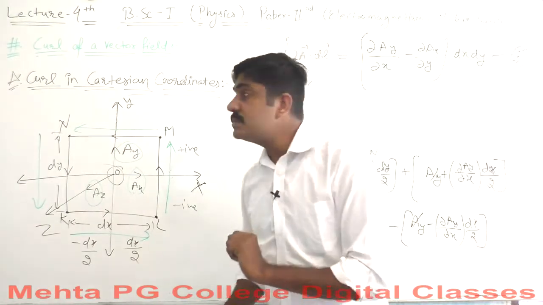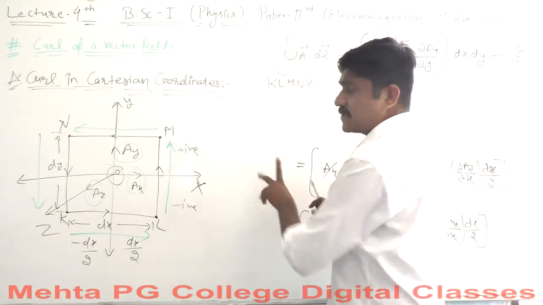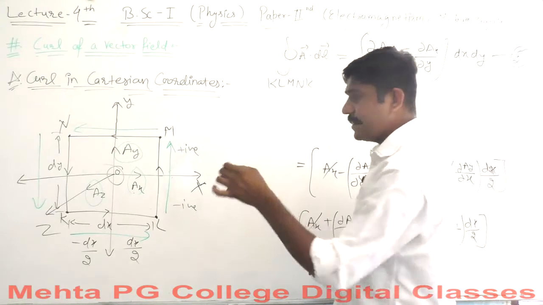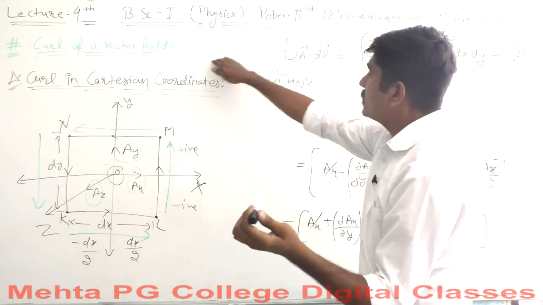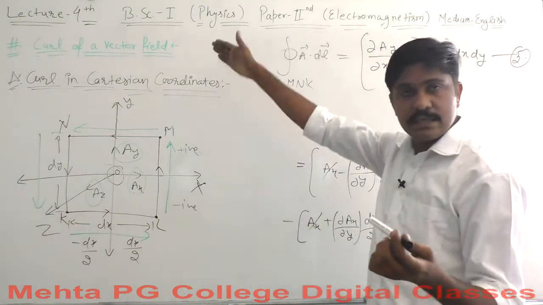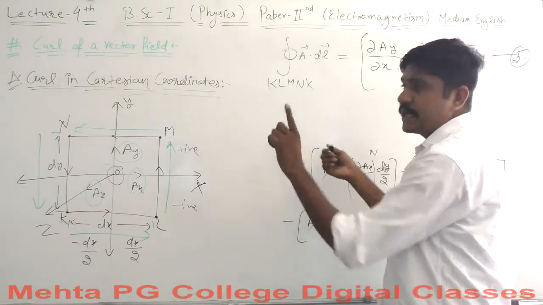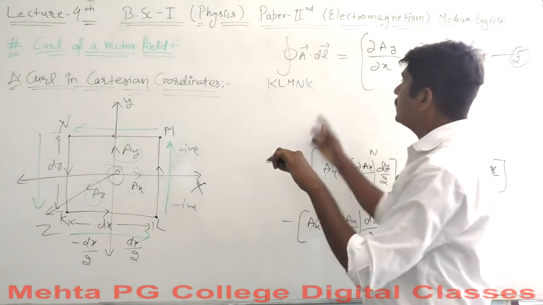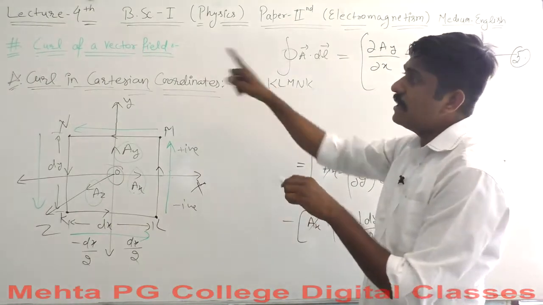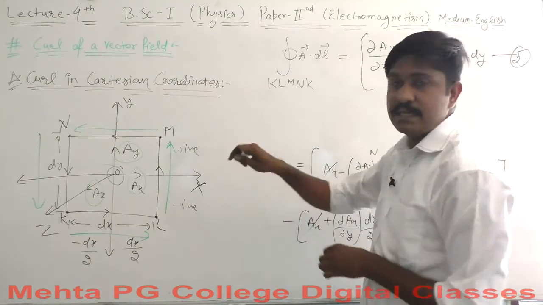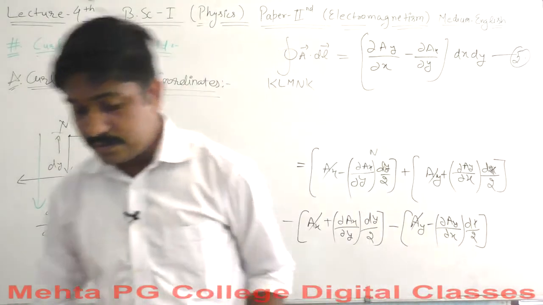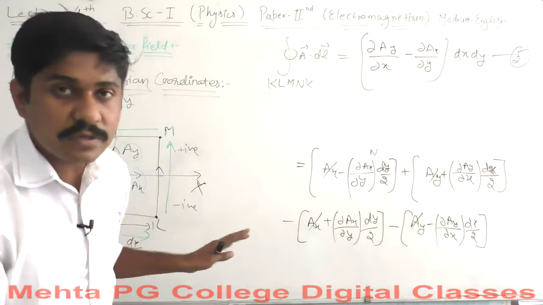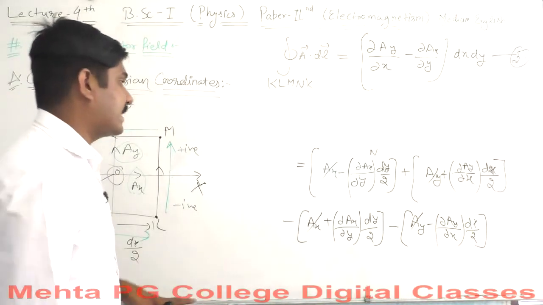Let me repeat. Consider this board as the xy plane and the direction z coming out to you. So the rotation of any quantity which is travelling from this point to this and to this must be in the direction perpendicular to them. So the line integral you found here was the curl, and the curl was in the direction z, you say. This is the direction vector along z.